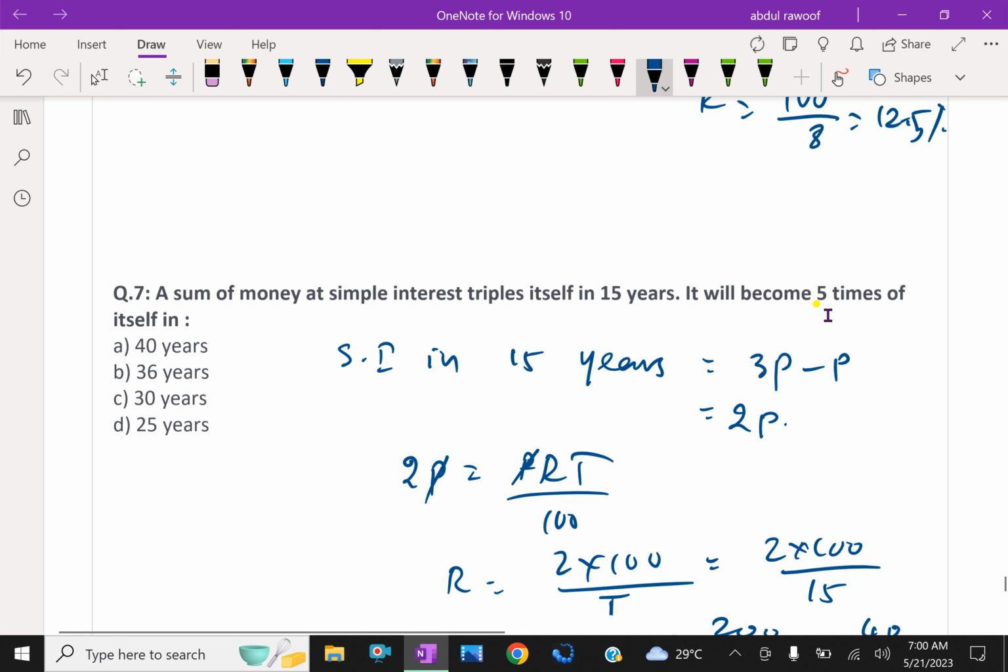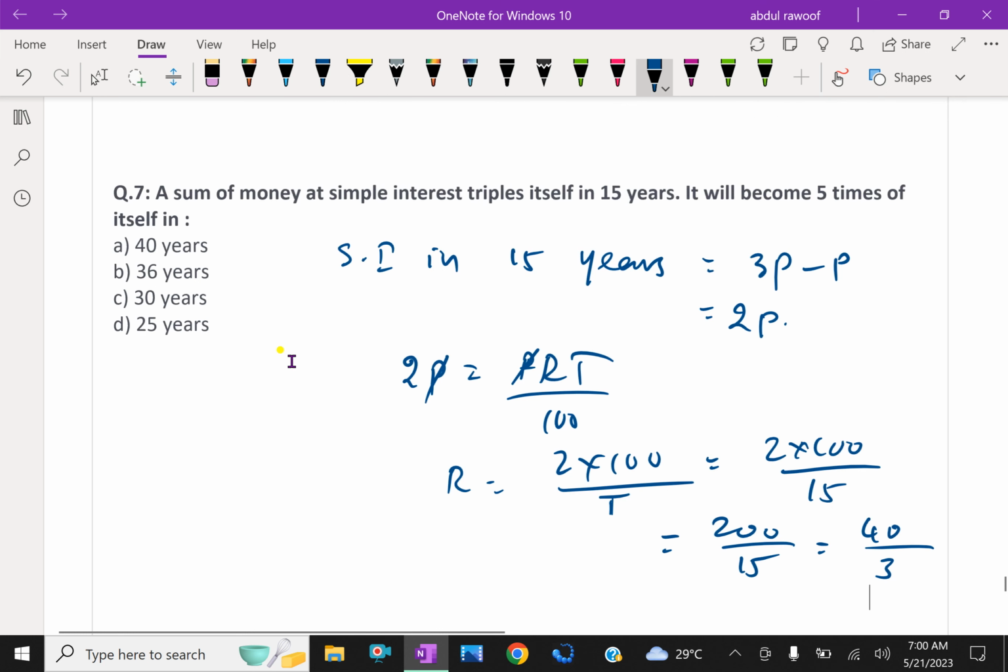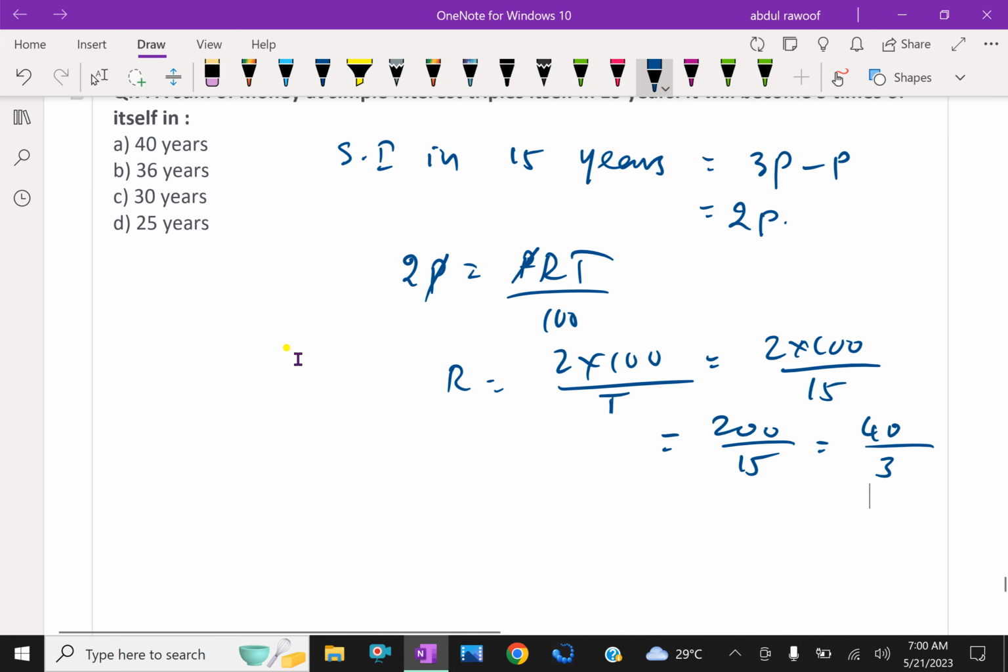It will become 5 times of itself in how many years?